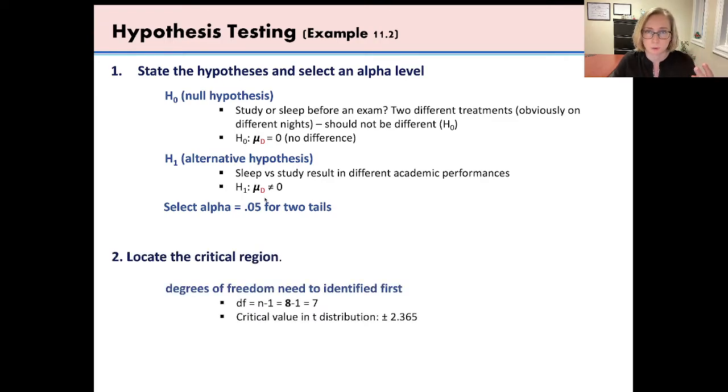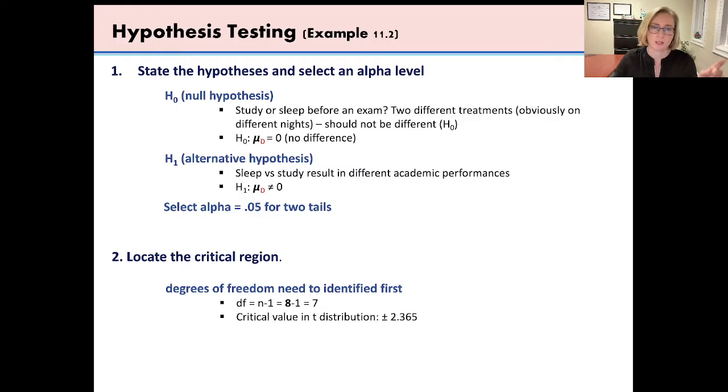All right, step 2, locate the critical region. And since we're in the t world now, we're talking about degrees of freedom. So you have to find that. In this sample, it was 8 people who were tested. That means your degrees of freedom is 7, 8 minus 1. You can look this up in the t distribution table, which is in appendix B.2, I think.